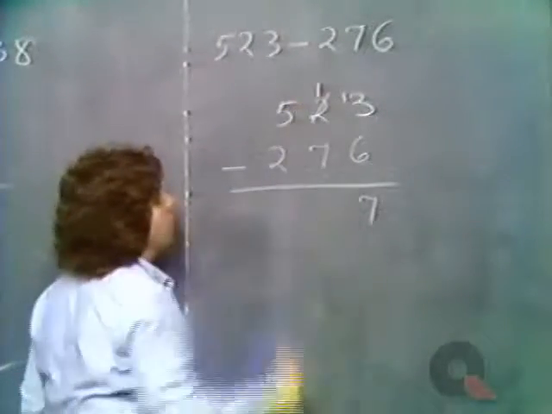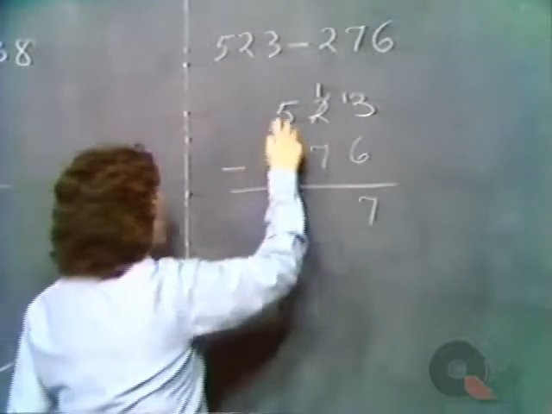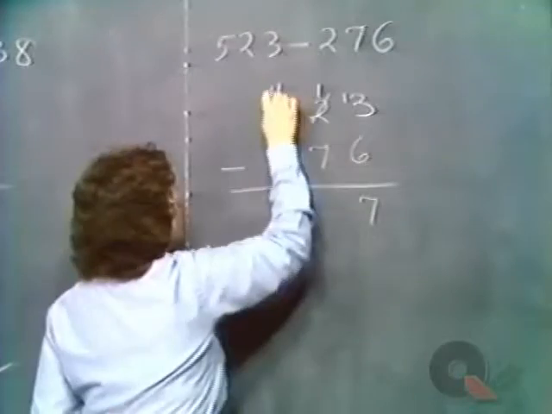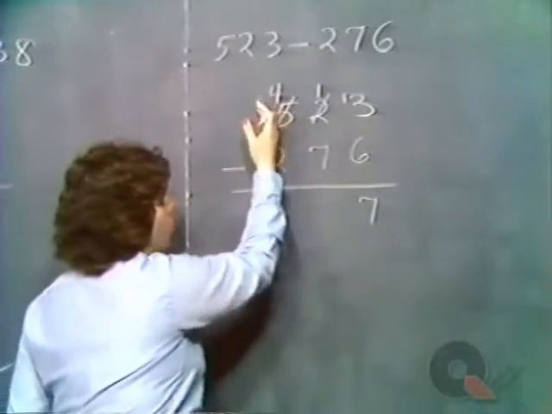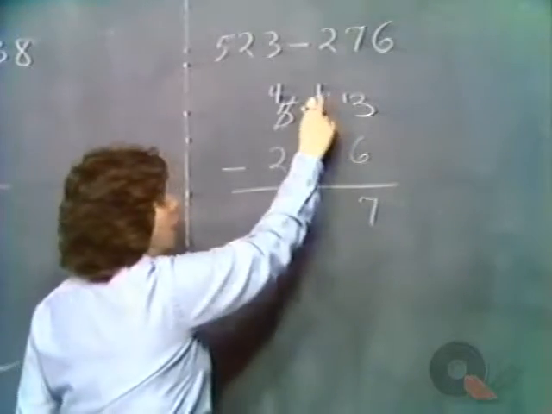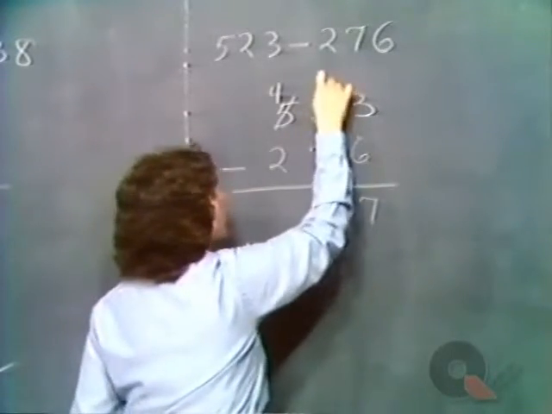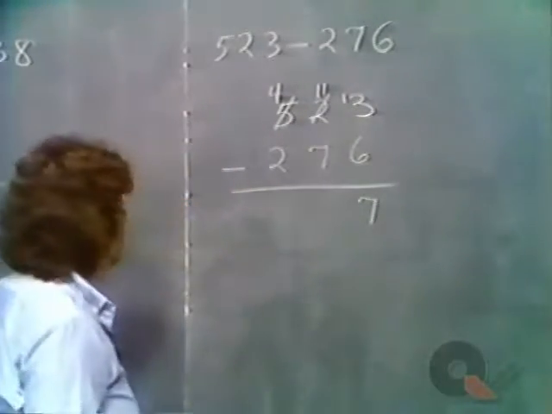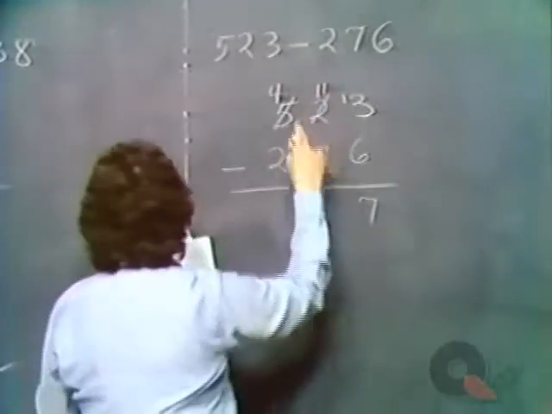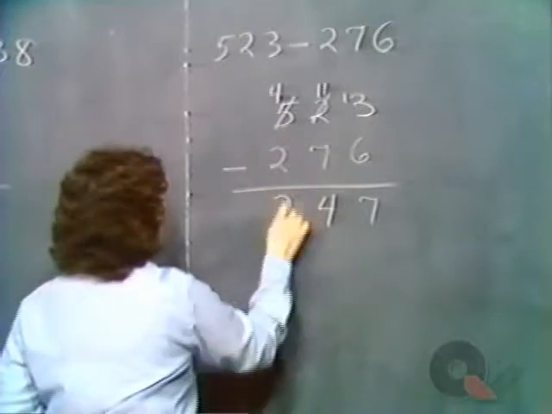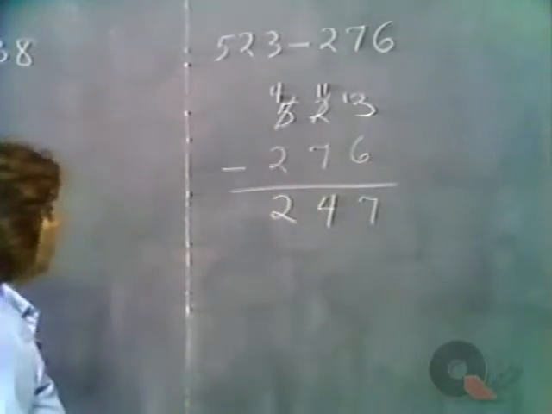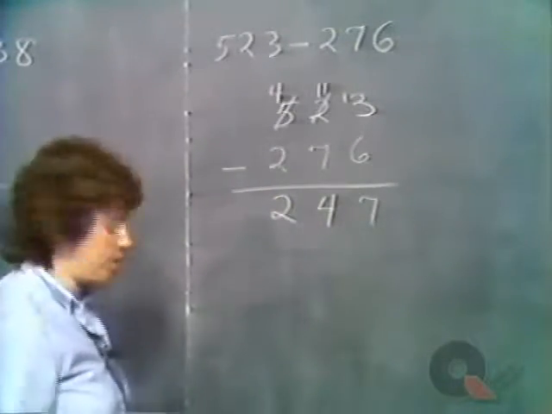We cannot take the 7 from the 1. So we change this 5 to a 4, and then we have an extra 100, or 10 tens, which we add to the 1 ten, giving us 11 tens there. 11 take away 7 gives us 4. 4 take away 2 is 2. So we have an answer of 247.